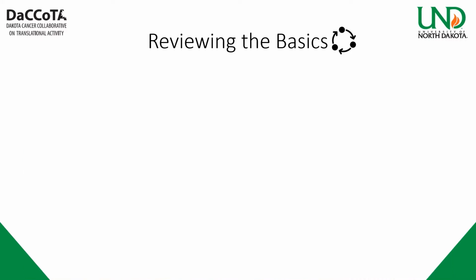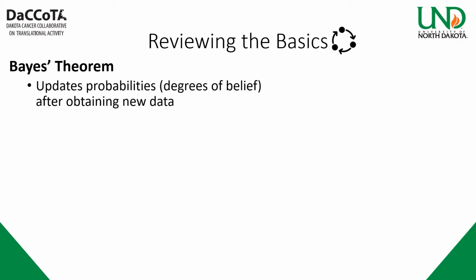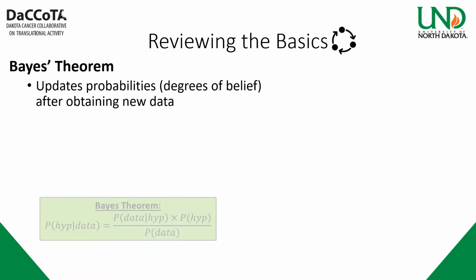Let's do some review before we get too crazy with things. So we've been talking about Bayes' theorem these last two modules and into this one. Again, a concise explanation of it is that it updates probabilities, or our degrees of belief about some sort of state in the world, typically some sort of data, after attaining new data.